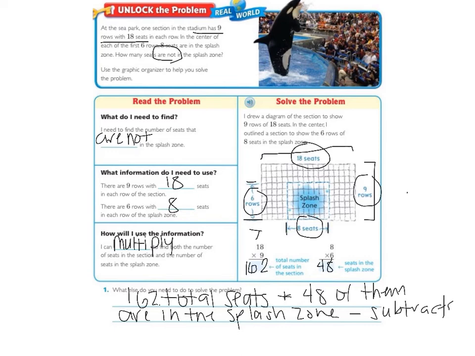So I'm going to do 162 minus 48. Okay, if I have 2, I can't take away 8, so I have to borrow.